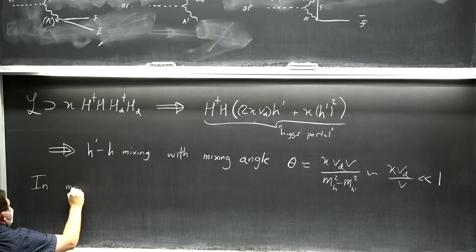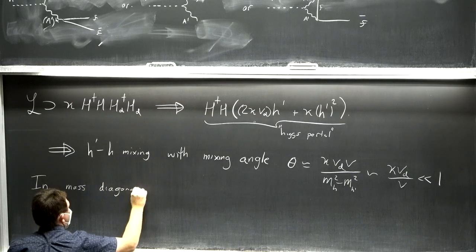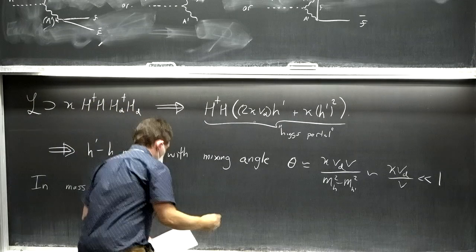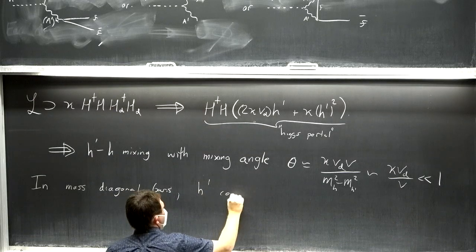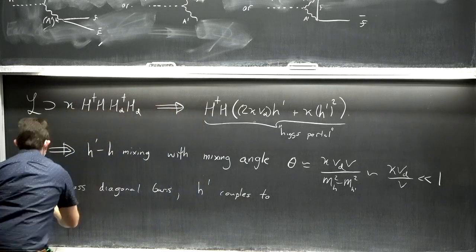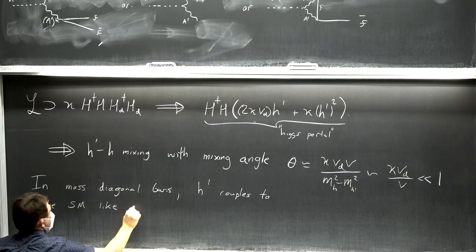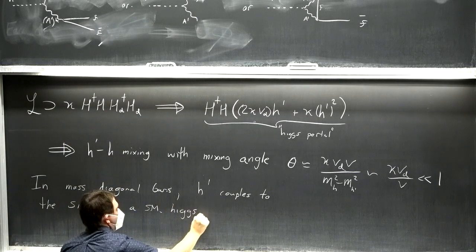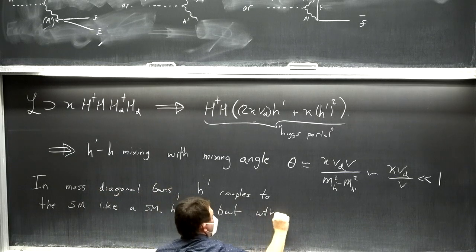So in the mass diagonal basis, H prime couples to the standard model like a standard model Higgs, but with theta suppressed couplings.